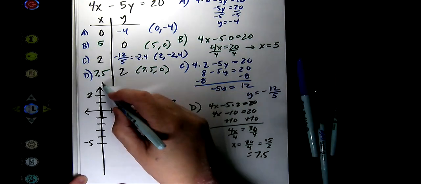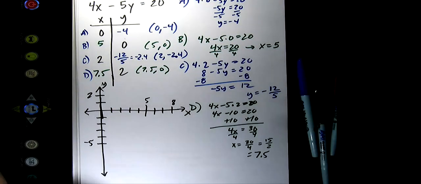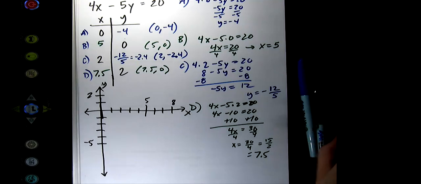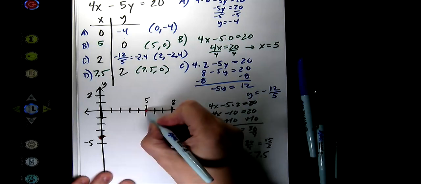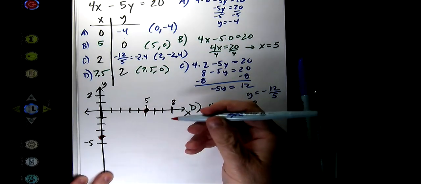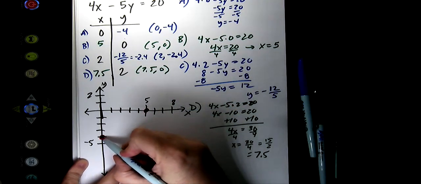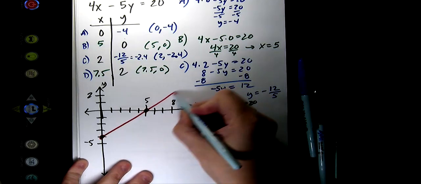X, this is y. My two intercepts are 0, -4, and 5, 0. I can already connect the dots with those, and I hope my other points are on that line.